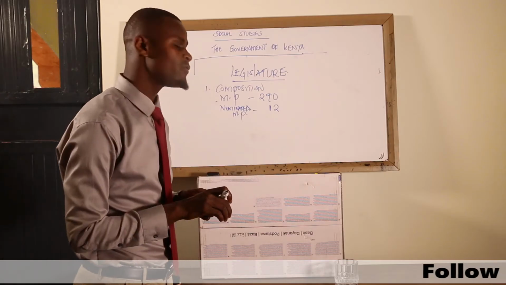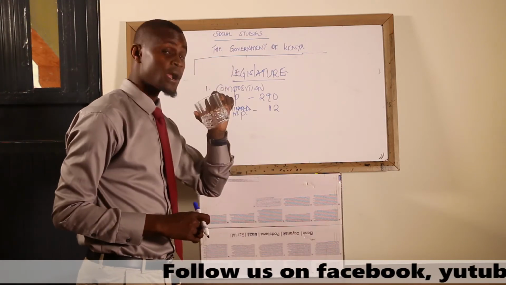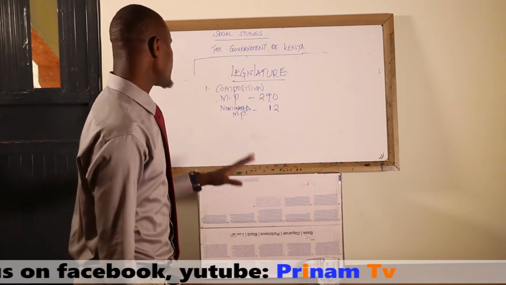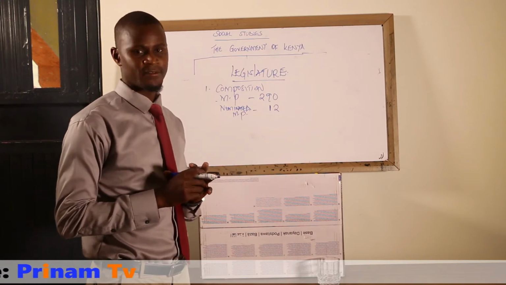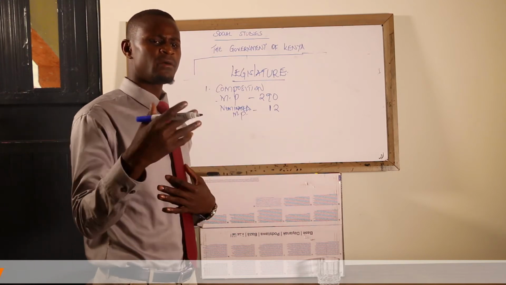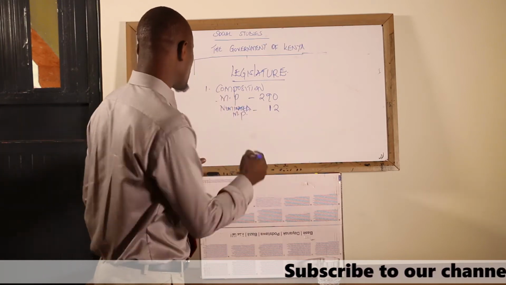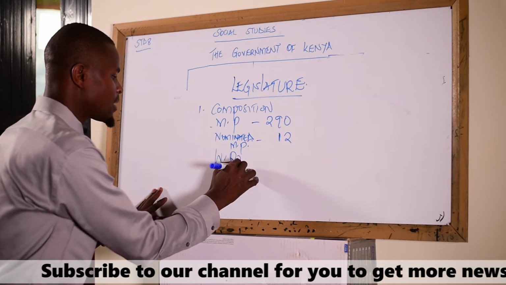And we also have, in our country, 47 counties. That means we must have women representatives. The women representatives will also help in the legislation. So we have women representatives.